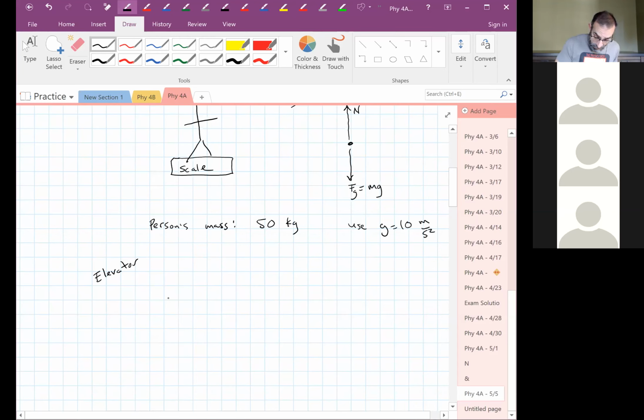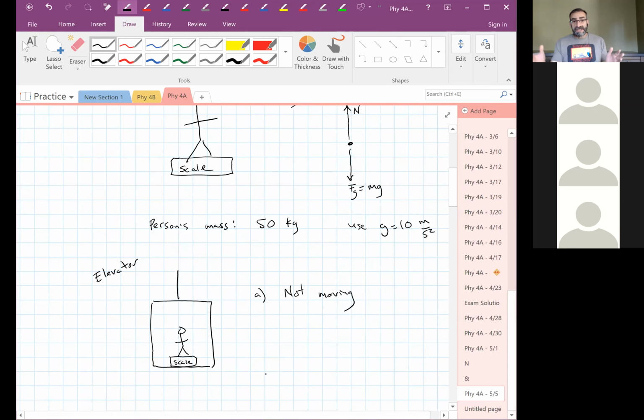Here's my person and my scale and my elevator. We'll go through a whole bunch of different scenarios here. We're going to start with the simplest one. The elevator is at rest. Okay. So tell me what the scale reads.